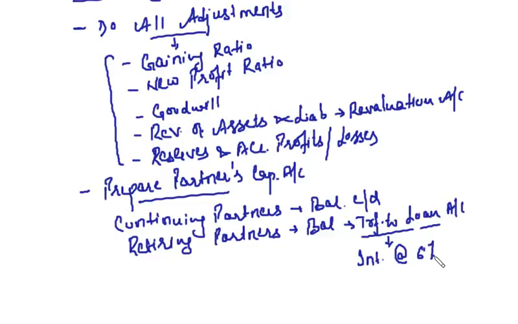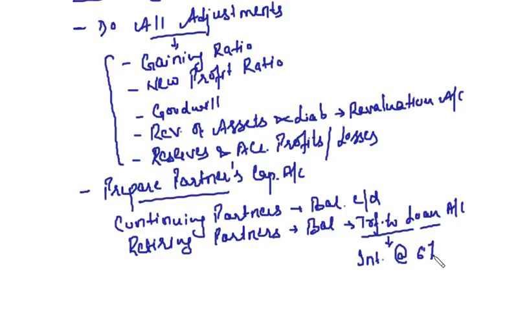So, what are the steps? First of all, do all the adjustments regarding gaining ratio, new profit sharing ratio, goodwill, revaluation of assets and liabilities, reserves and accumulated profits and losses. Then you know how to prepare partners' capital accounts. After preparing them, what you will get is the balance carried down.